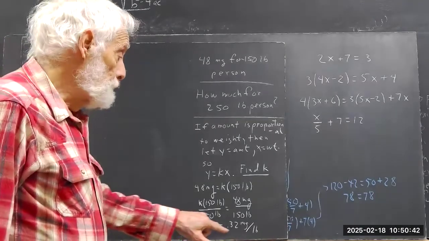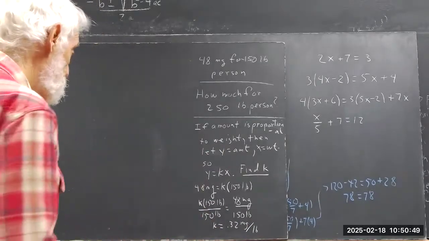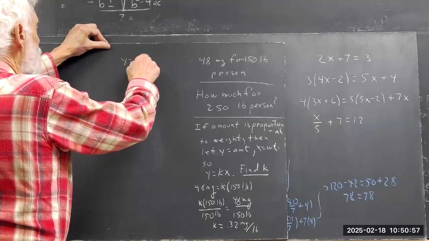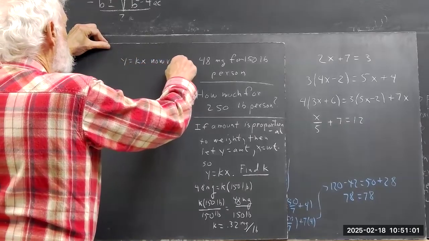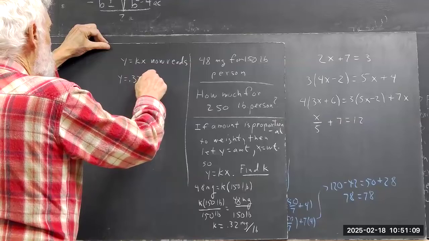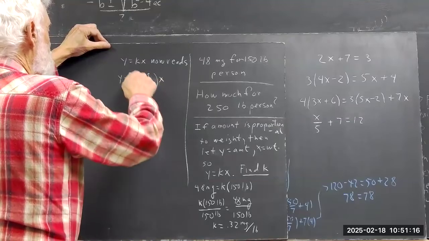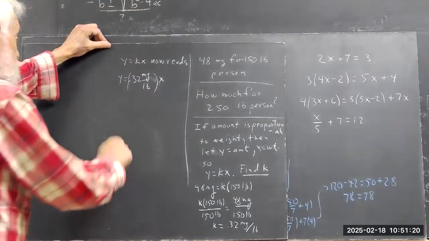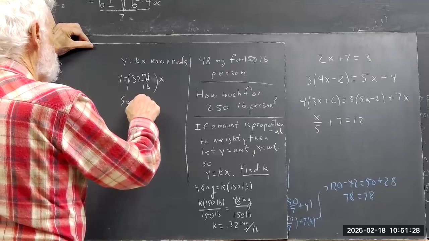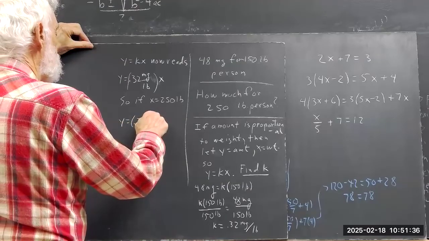Okay. Well, now we can write down y equals kx, which now reads with x in parentheses, a milligram.